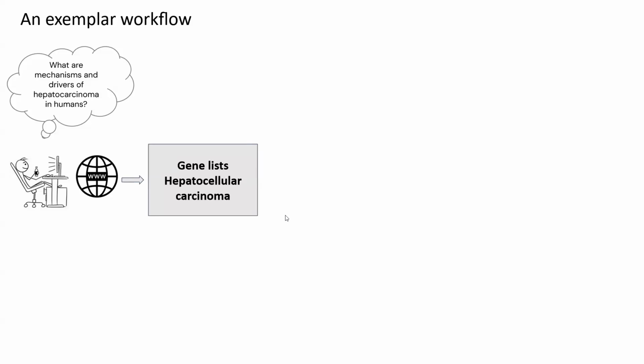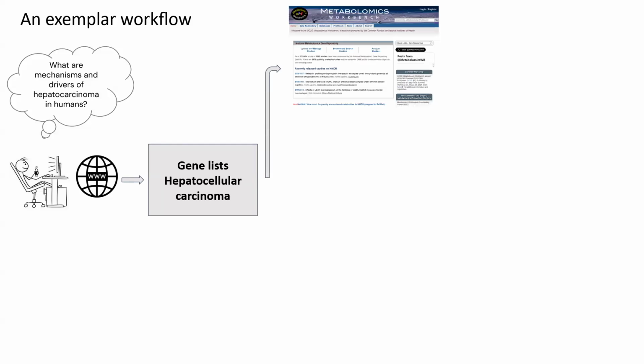And then with those starting list of genes or metabolites, one could take several routes. For example, one could go and search on the Metabolomics Workbench website based on species such as Homo sapiens or human, or anatomy such as liver in this case, and cancer as the disease.